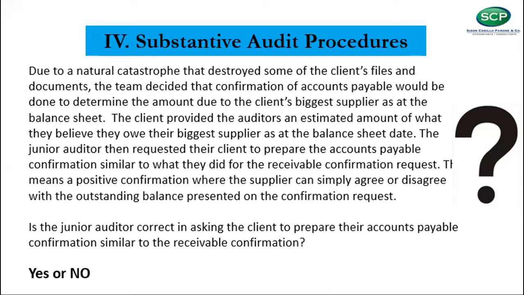So the question is, is the junior auditor correct in asking the client to prepare their accounts payable confirmation similar to the receivable confirmation, which we just discussed, with amount and positive confirmation?